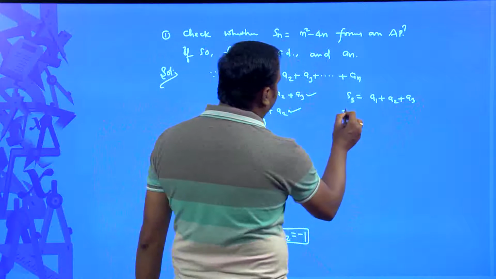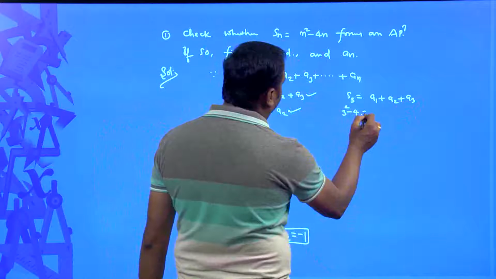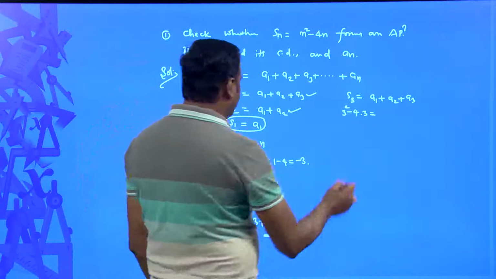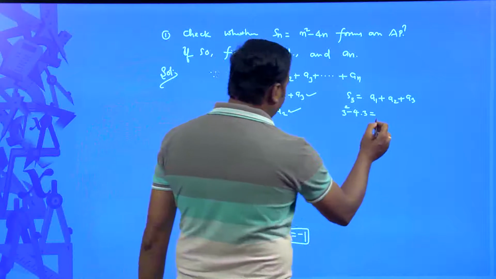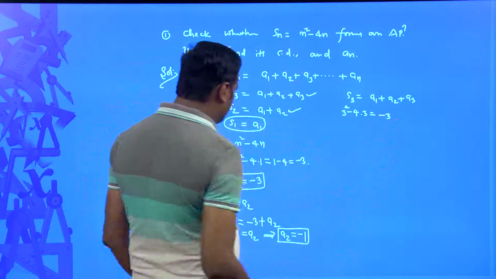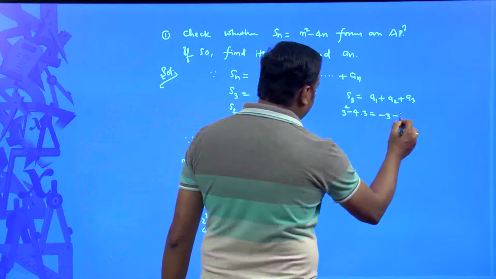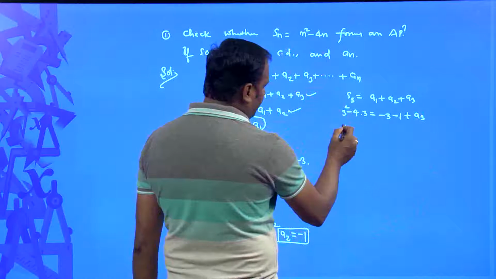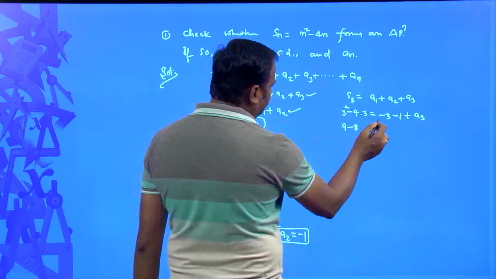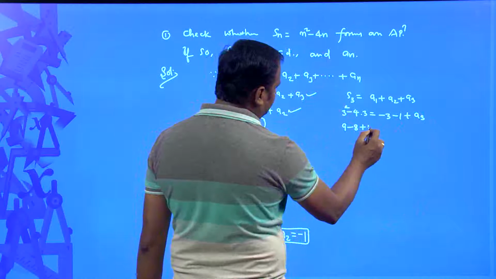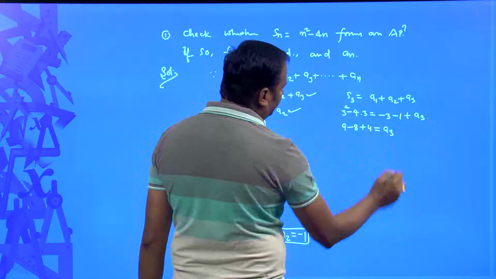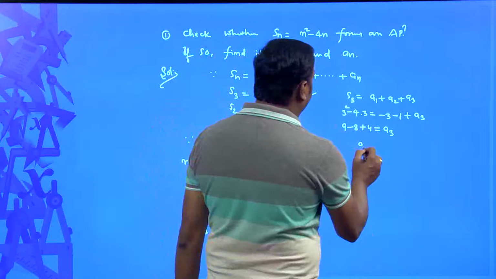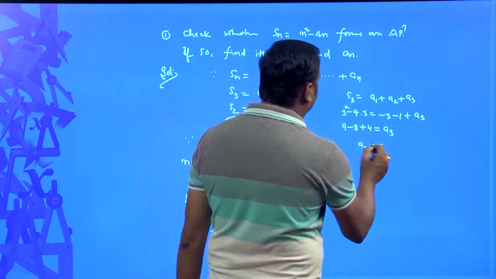So, it would be 3 square minus 4 into 3 is equal to A1 plus A2 plus A3. A1 is equal to minus 3, A2 is equal to minus 1, plus A3, that is what we are finding. 3 square equal to 9, minus 4 threes are 12, minus 3 minus 1 is minus 4. So, plus 4 is equal to A3. 9 minus 12 equal to minus 3, plus 4 is equal to 1. Therefore, the value of A3 is equal to 1.